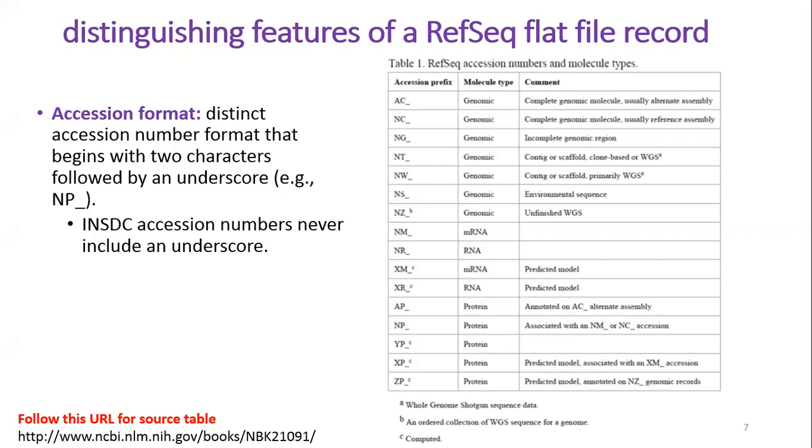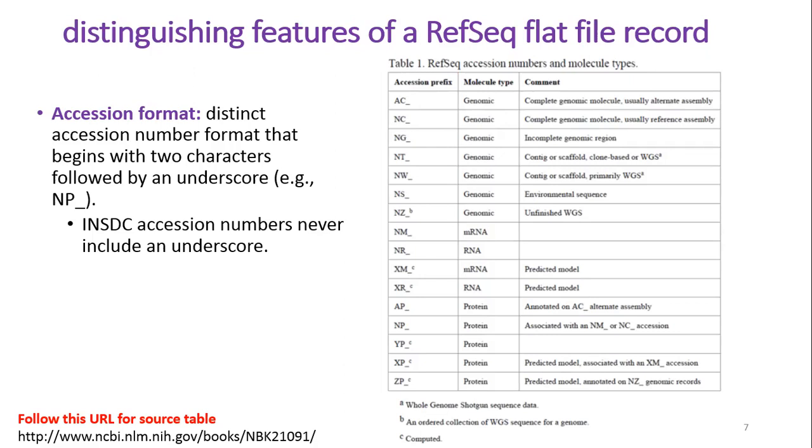Yes, of course it is quite similar, but I will focus on the distinguishing features that are present in the reference sequence flat file record but absent from your GenBank entry, so that you can distinguish between the two flat file records.